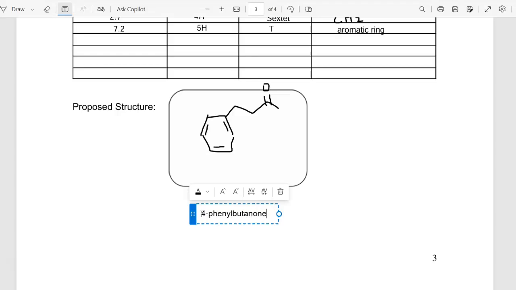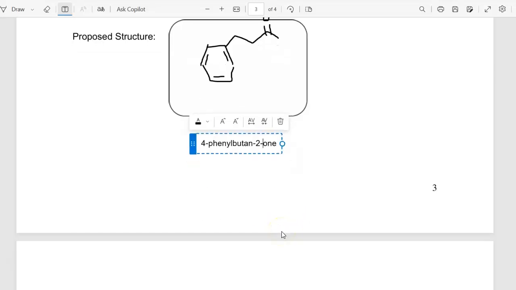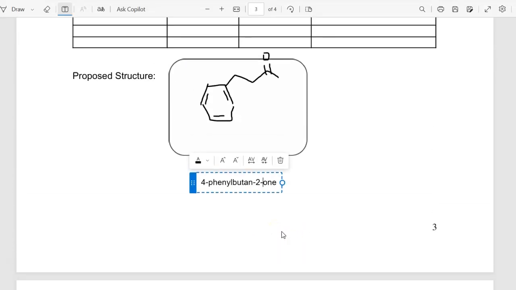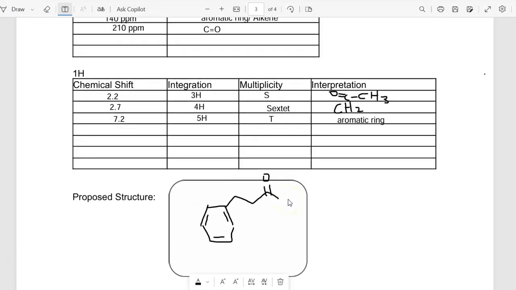It's a ketone, butanone. And this would be 2. So that's what I think it is.